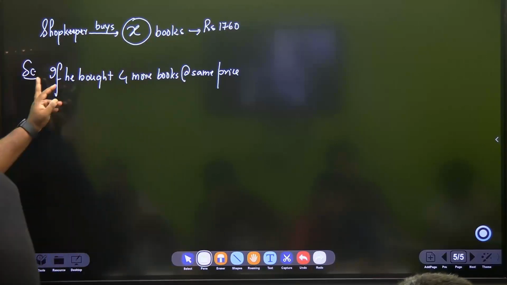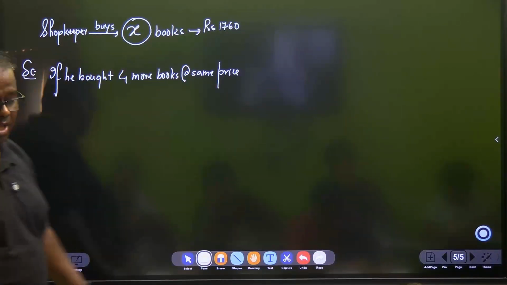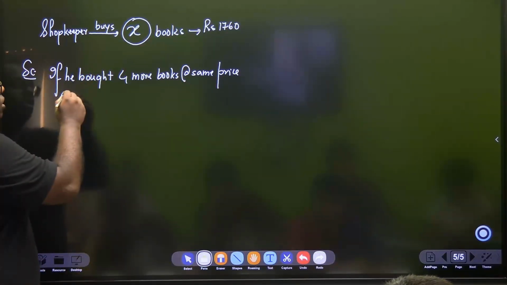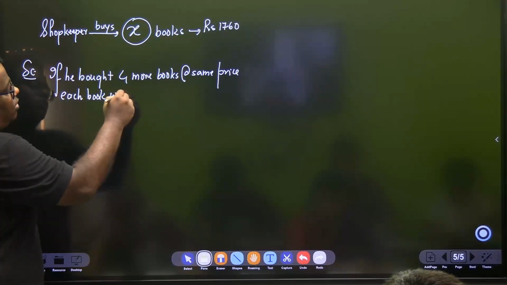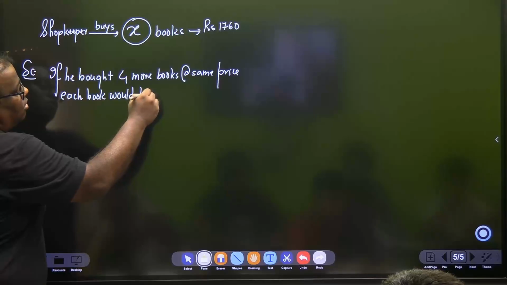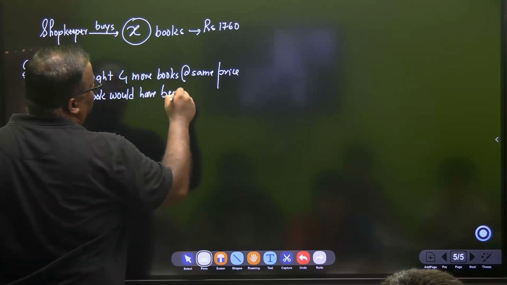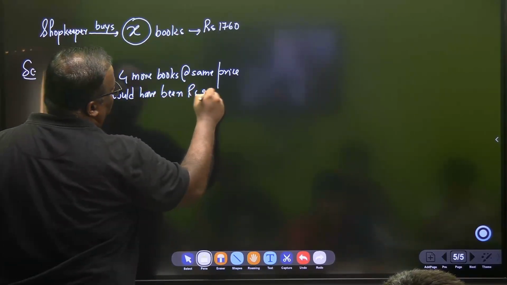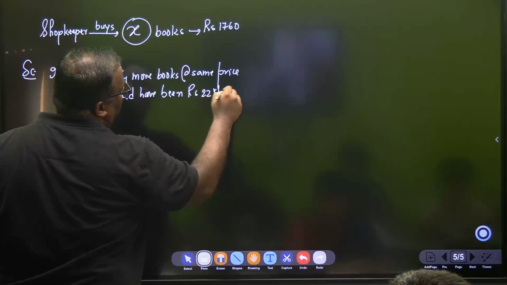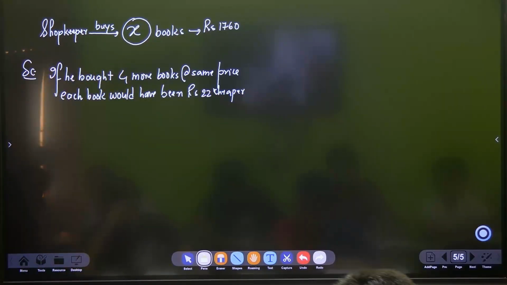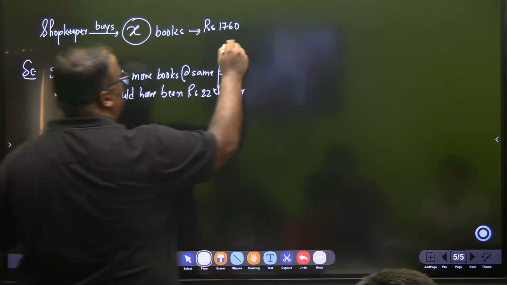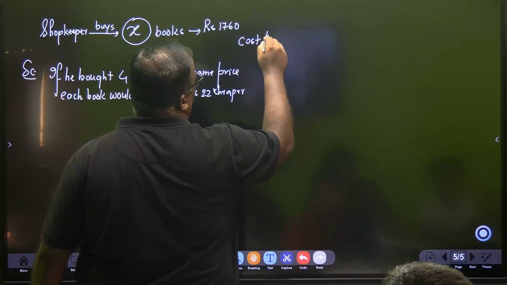They say that if he bought 4 more books at the same price, each book would have been how many rupees cheaper? 22 rupees cheaper. That's what the question is all about. Find out the number of books. So now, first of all, find out the cost per book.